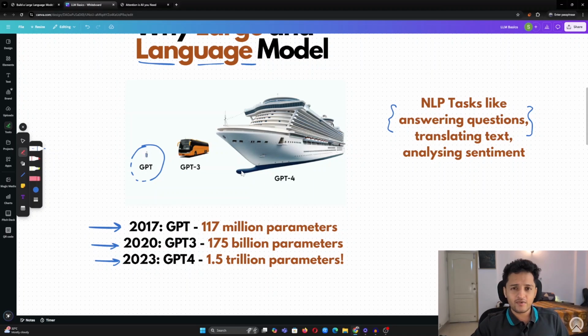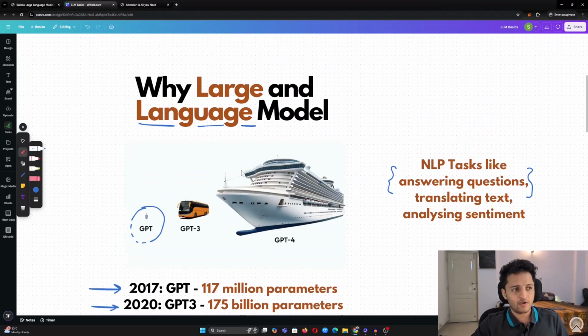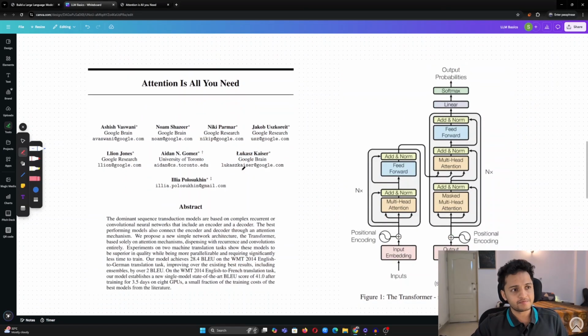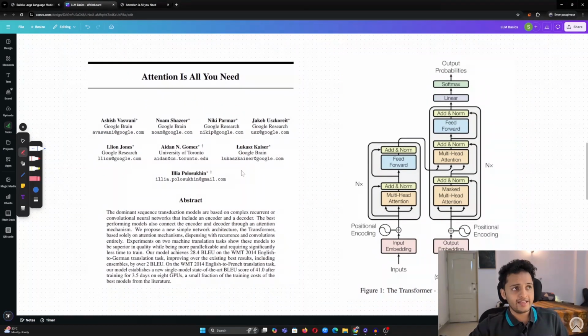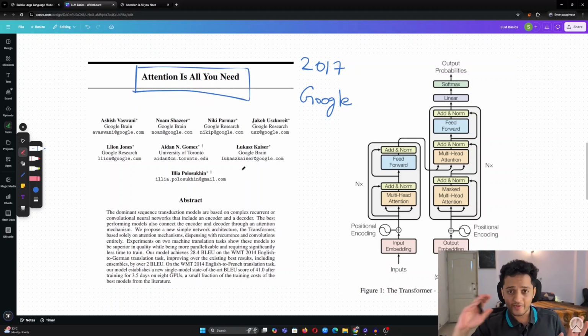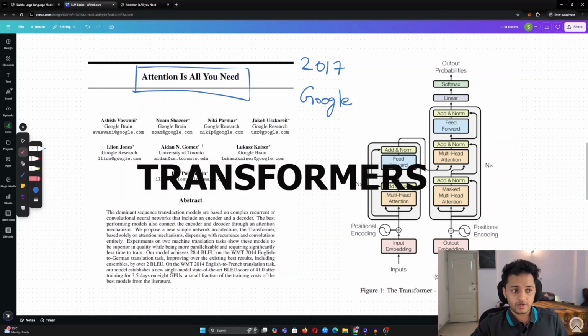Now let's talk about the secret sauce of all of these LLMs. In 2017, Google published a paper which revolutionized the entire NLP industry. This paper is called Attention Is All You Need. This was really a transformative paper that created so much impact. It is based on a technology called the transformer.